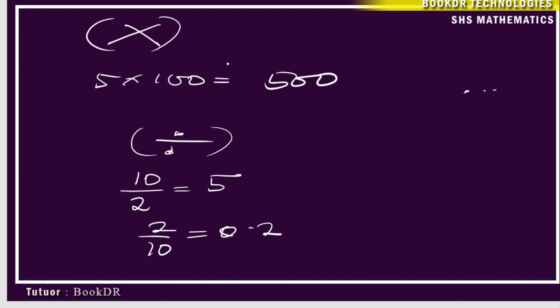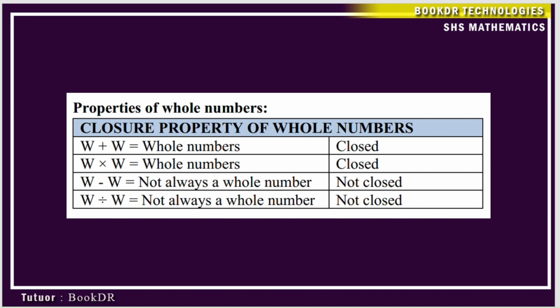We shall now pick another set of numbers and look at whether they are closed or not under the four given operations. In summary, the properties of closure on whole numbers are shown.